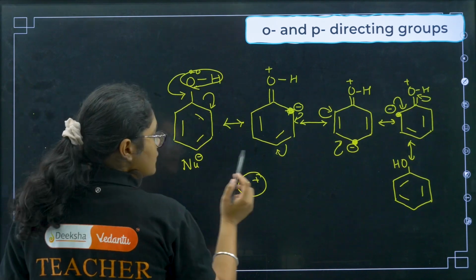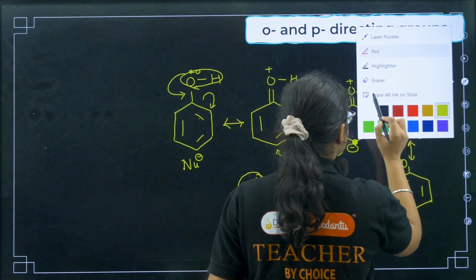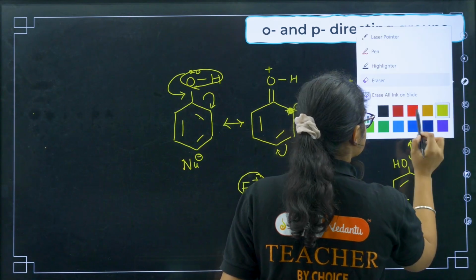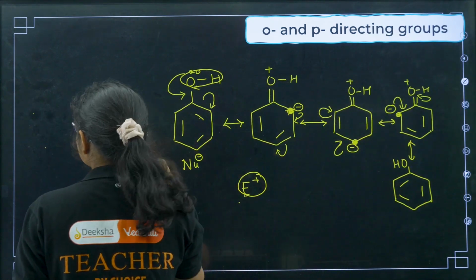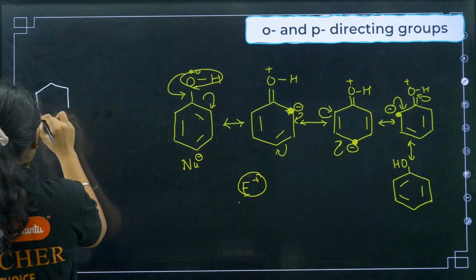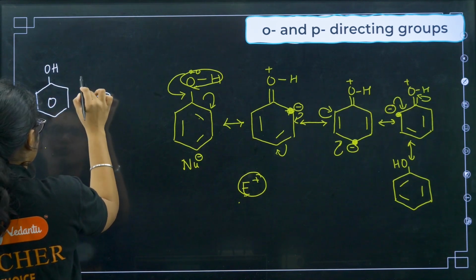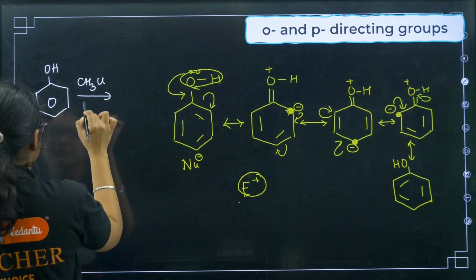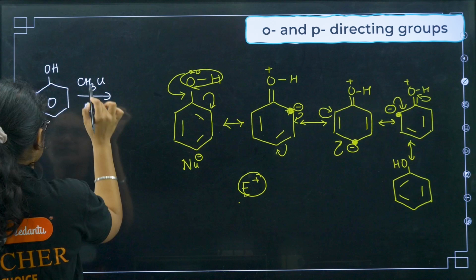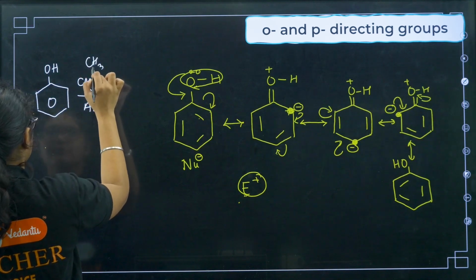Suppose I have a reaction like this. I have taken OH, and now suppose I want to do Friedel-Crafts alkylation. What is the electrophile here? CH3 plus, right.